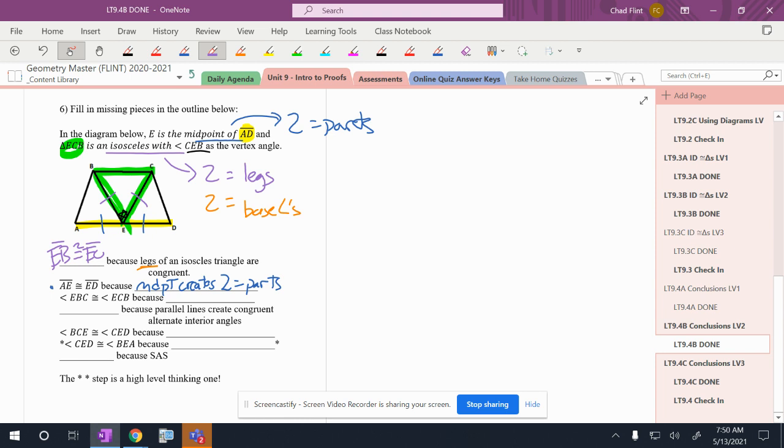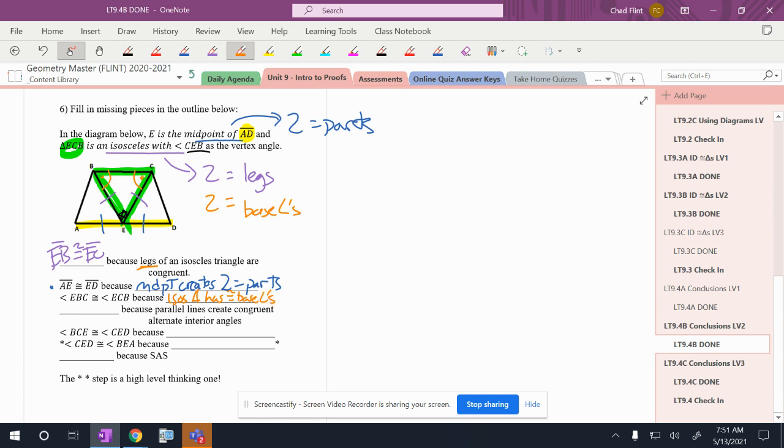And then I see right here that it says EBC, which is this angle right there, is congruent to ECB, which is that angle right there. So those two angles are congruent. Those are the base angles. So because an isosceles triangle has congruent base angles.